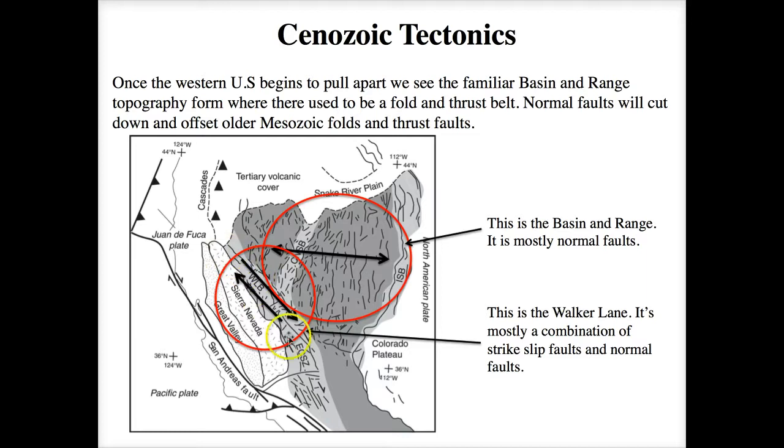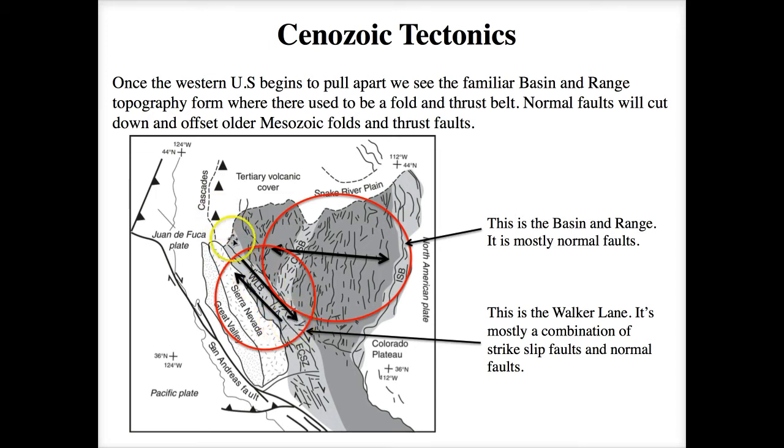And what we get is right lateral offset along this zone. So we're going to see a combination of right lateral strike slip faults and normal faults. And that creates some pretty amazing basins. First of all, Death Valley is in there, and what's going on in Death Valley today is a combination of strike slipping and normal faulting.